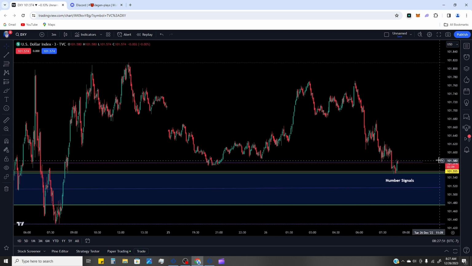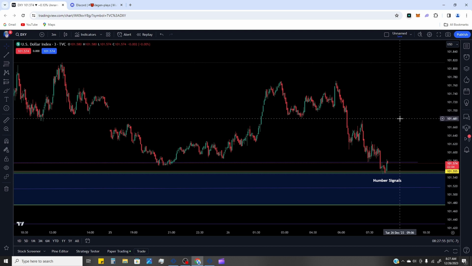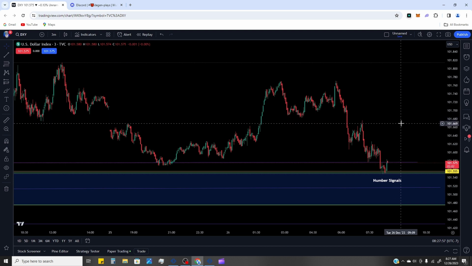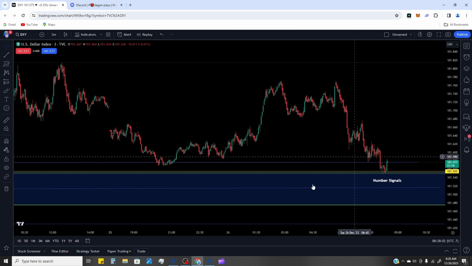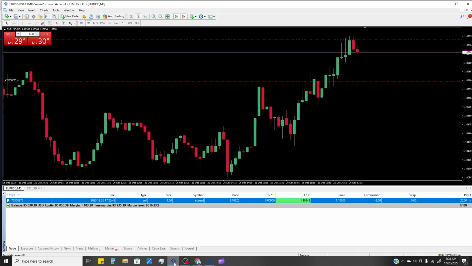It does not have to be specifically at the number. It's just either on the number, right before the number, after the number, below the number, close to it, in the vicinity of those very specific numbers, and you know you have a high probability trade to go the other way.